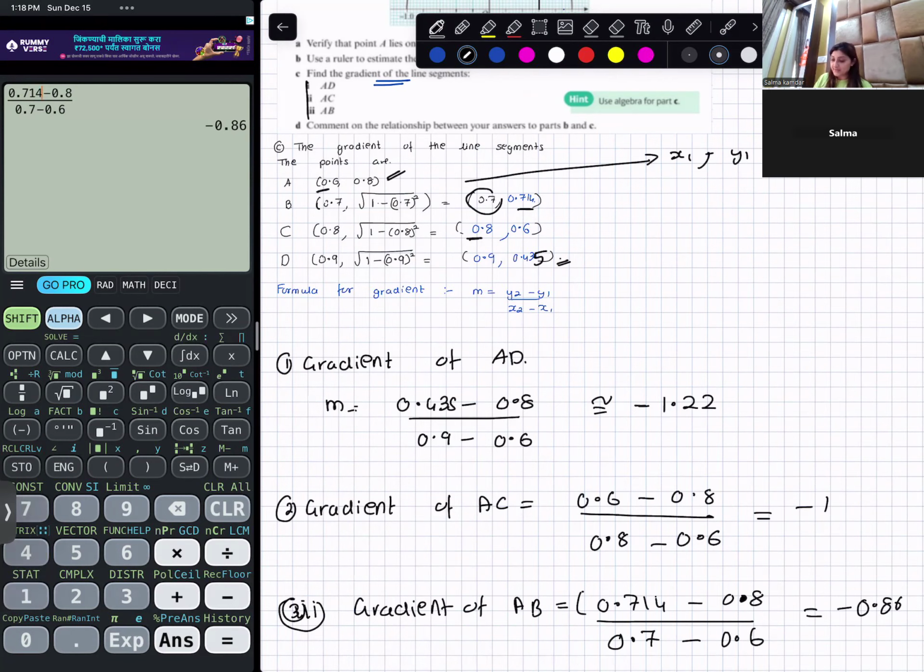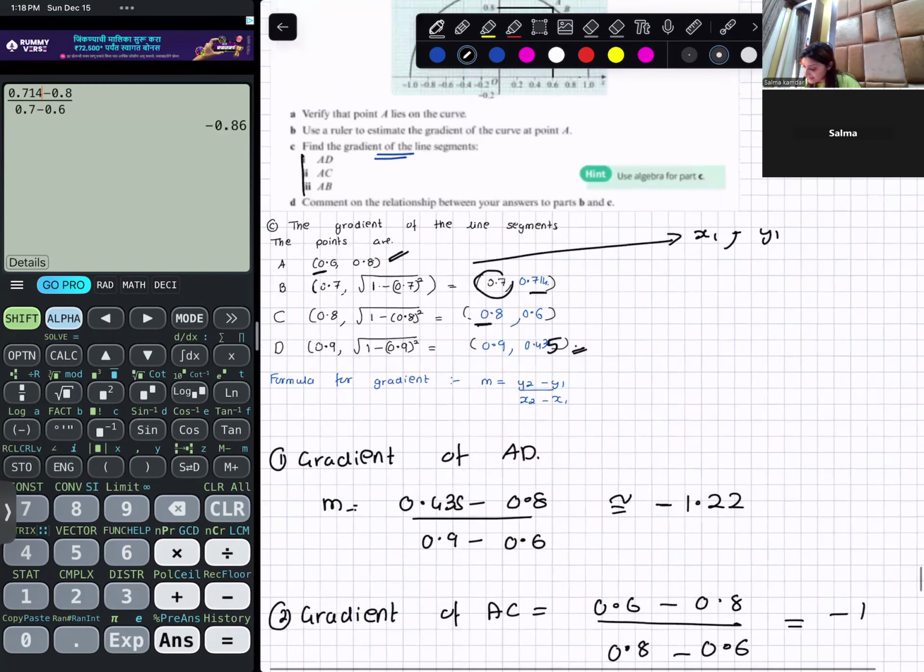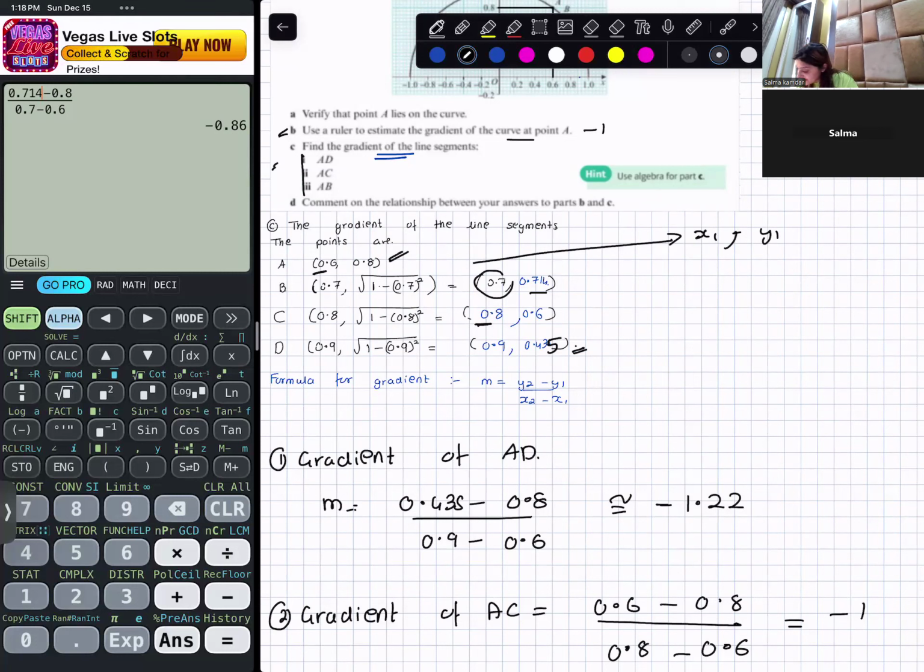Now our last part, I want to comment on the relationship between B and C. My gradient of the curve at point A was minus 1, and my point A is 0.6 comma 0.8. I have to find gradient of AB, AC, AD.